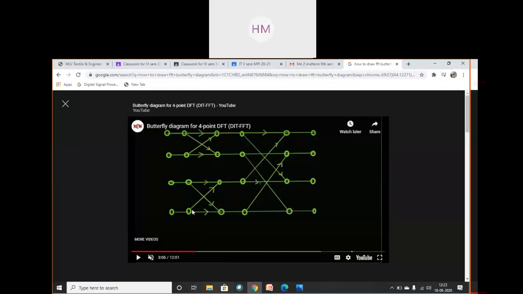Why are we drawing these points? Because to have a symmetric vertical alignment. Otherwise, it is not clearly visible to you and to the faculty who will check your copies.